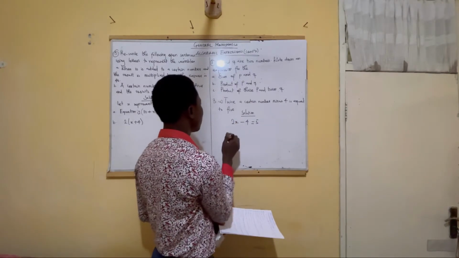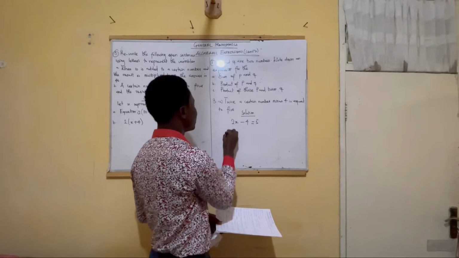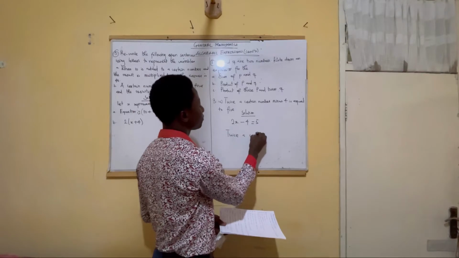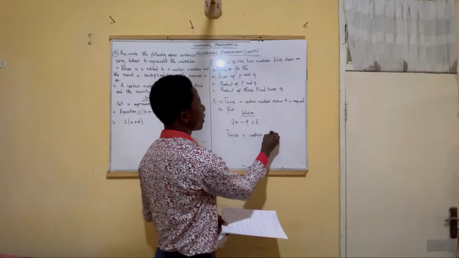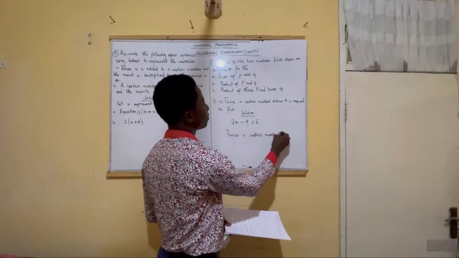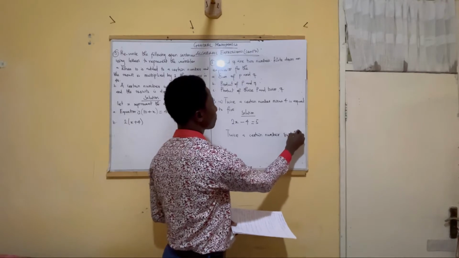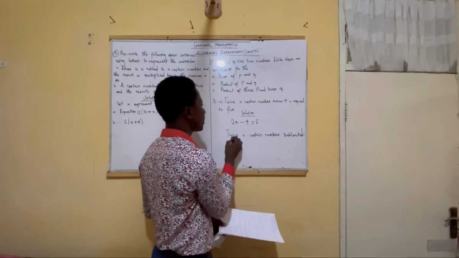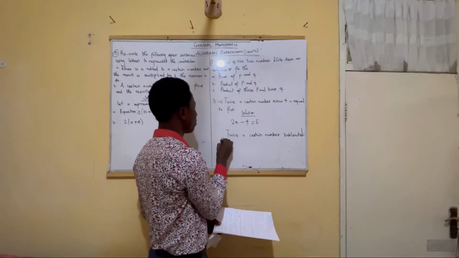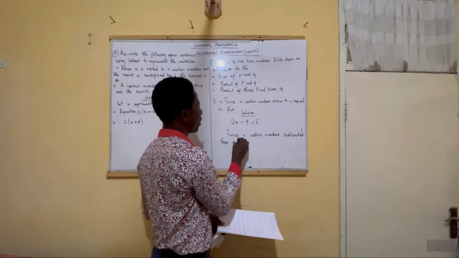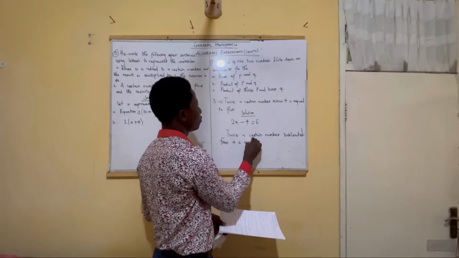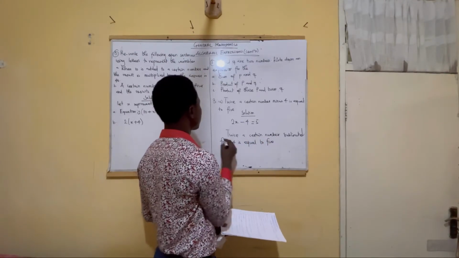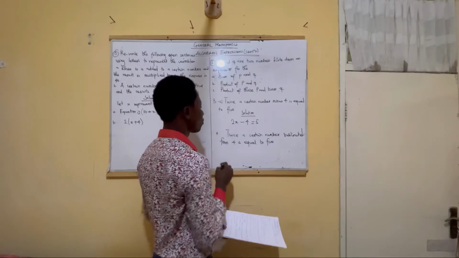How about this? Assuming it was put this way: twice a certain number subtracted from 4 is equal to 5. How are you going to put this one? This is a new one I'm trying to give you.